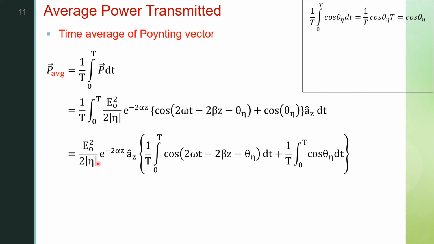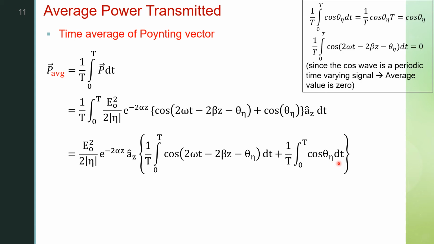So we'll get E0 square by 2 eta e raised to minus 2 alpha z az cap, times 1 by T integral 0 to T of the first term, cos 2 omega t minus 2 beta z minus theta eta dt, plus 1 by T integral 0 to T cos theta eta dt. This we have to compute right now. So what is 1 by T integral 0 to T cos 2 omega t minus 2 beta z minus theta eta?